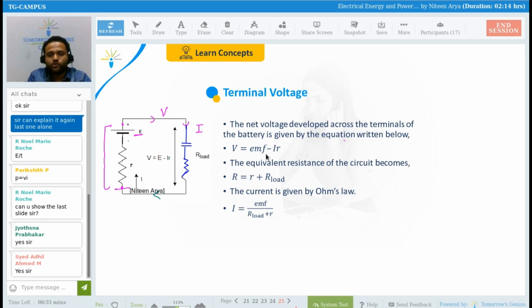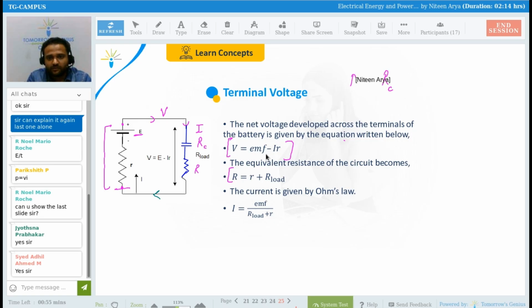V equals EMF minus Ir. So this is your net voltage given to the circuit. V equals EMF, where current is not flowing, the potential difference of a cell or battery, minus Ir. The equivalent resistance of the circuit then becomes r plus R load. What is the meaning of R load? Whatever resistance the circuit has. Now R load has this R_C plus R because they are connected in series.